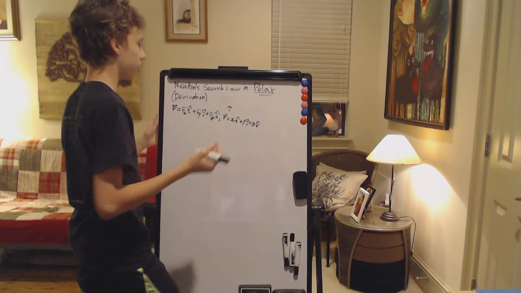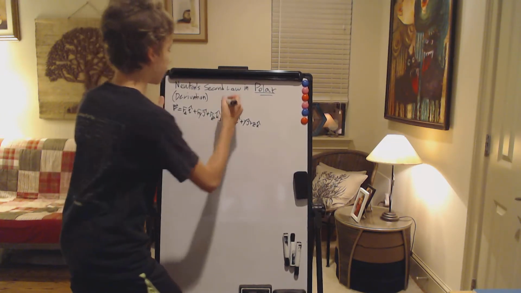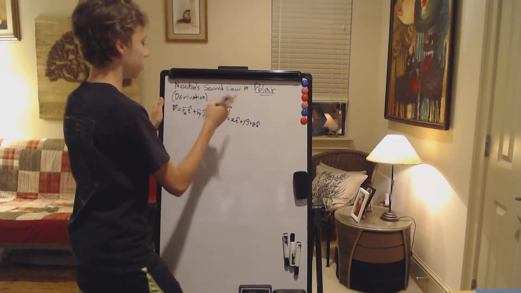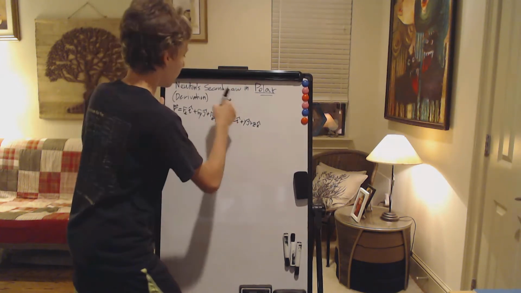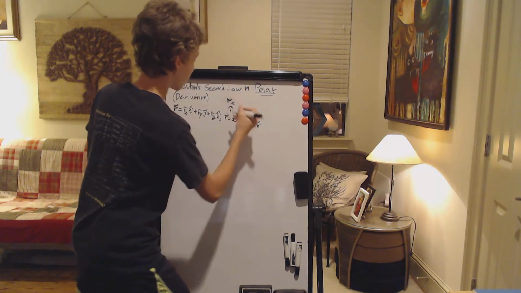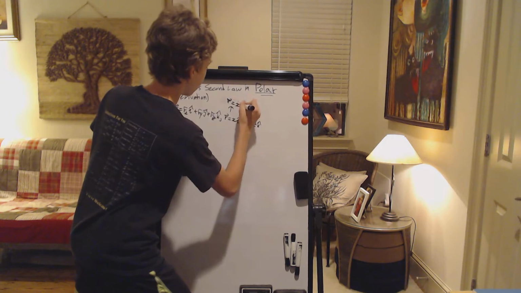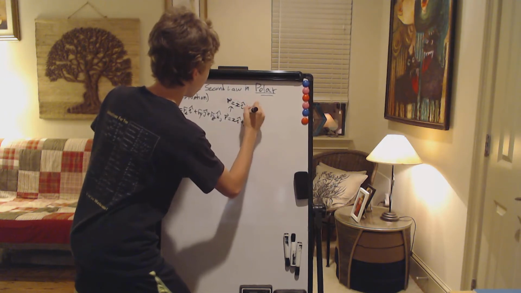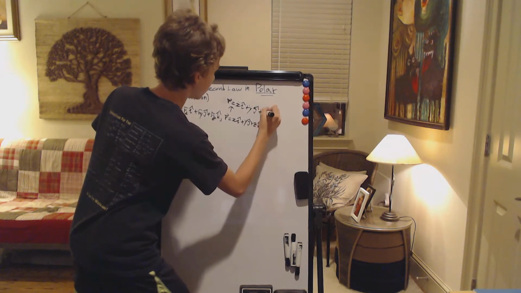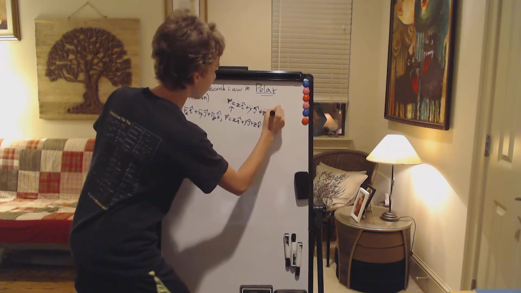I think I've already covered this in a previous physics video, but the two dots on top mean the second time derivative with respect to this vector. So the second time derivative is just going to be equal to x double dot i hat plus y double dot j hat plus z double dot k hat.